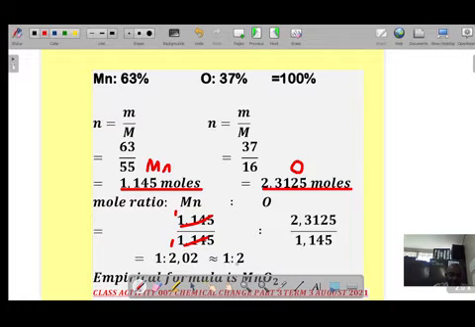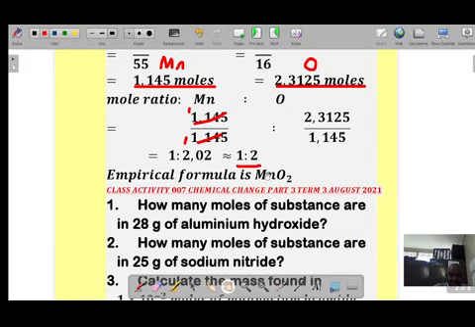So in other words, it's going to be 1 to 2. So this is my simplest whole number ratio, meaning I need 1 manganese to combine with 2 oxygen atoms, or you can write it as MnO2.